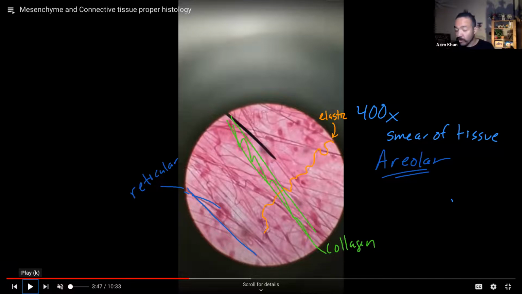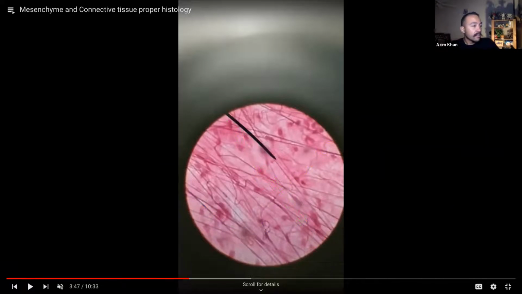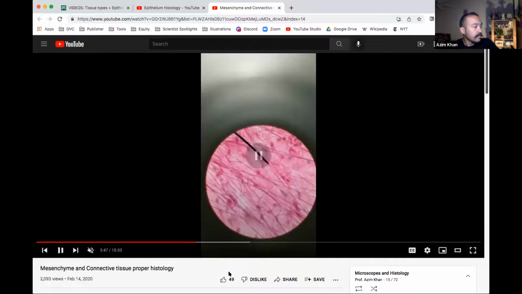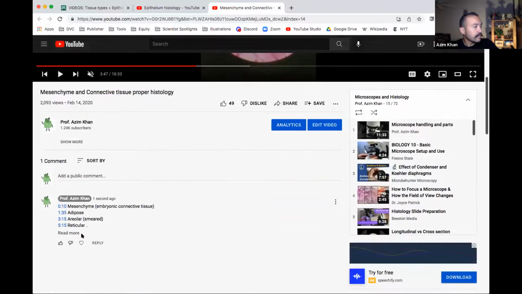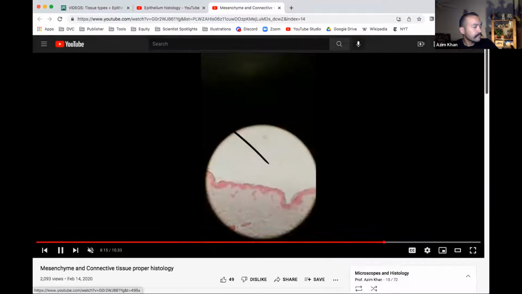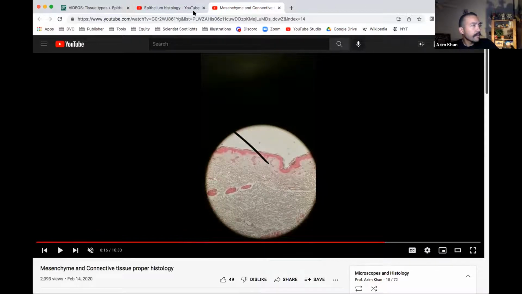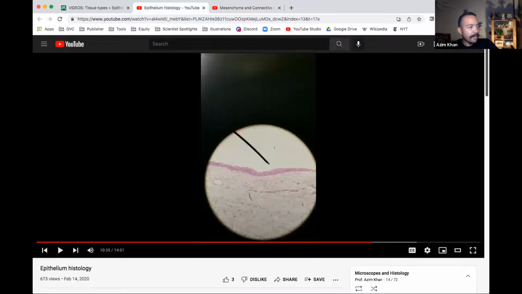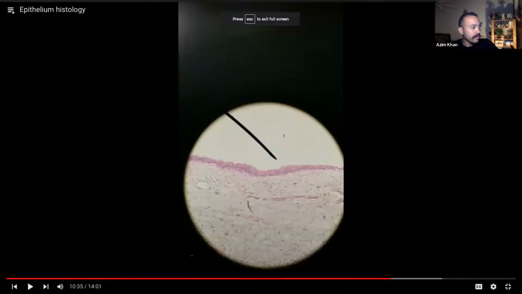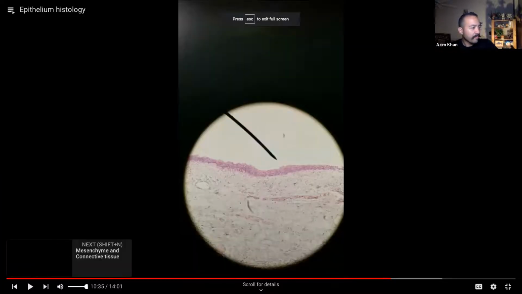Let me show you what areolar connective tissue looks like when it's not smeared. I'm going to clear this and we'll see. Let me actually go to this epithelium video. We are at 10:35 in the epithelium video.